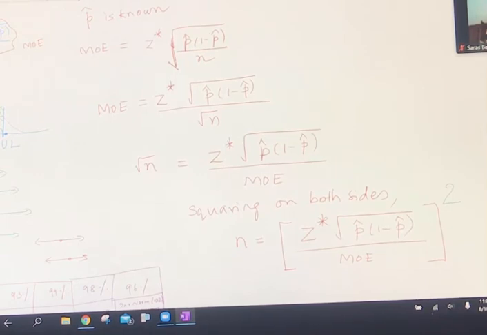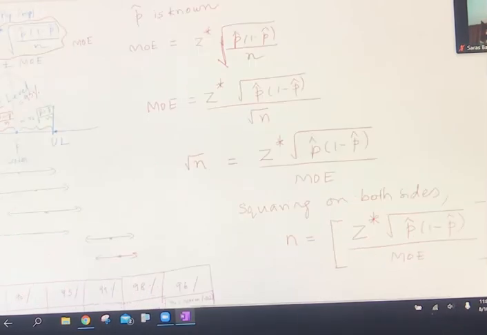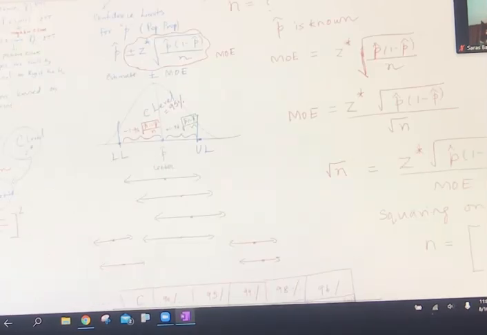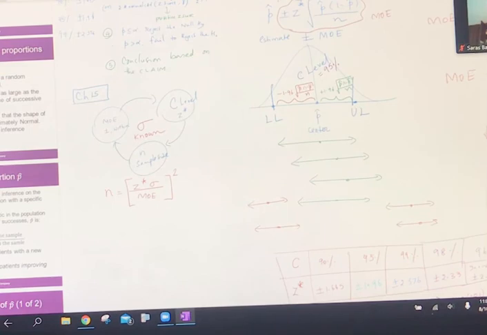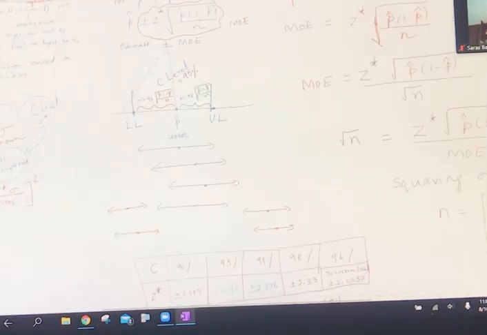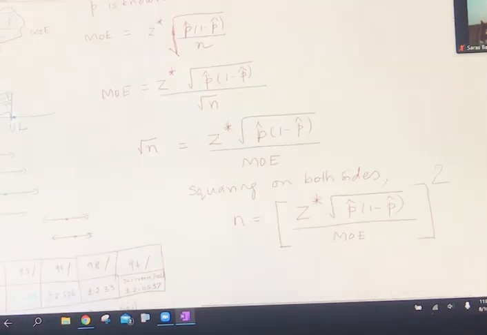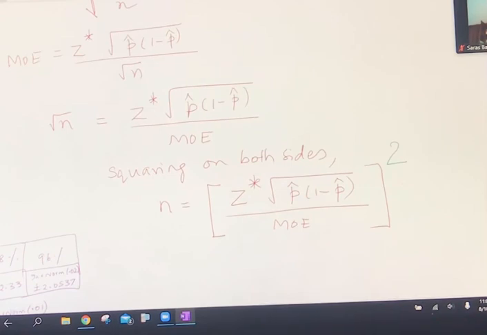That is similar to the formula that I have learned in chapter 15. For a quantitative variable, I have seen n is equal to z star times sigma over margin of error, the whole squared. In the same way, I am bringing the formula in chapter 19, and that formula is based on the sample proportion p hat.